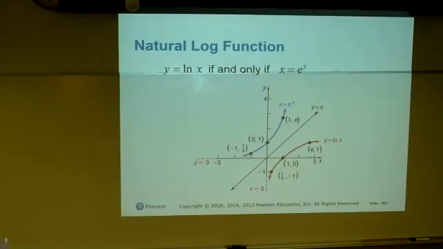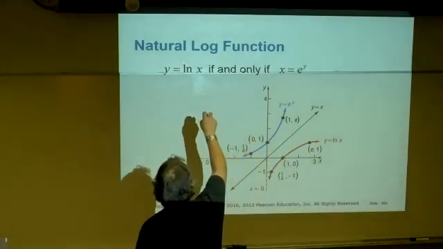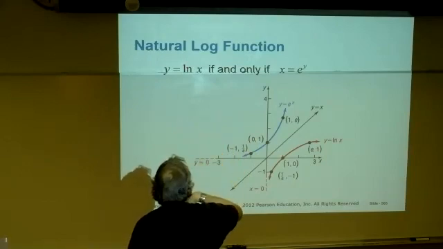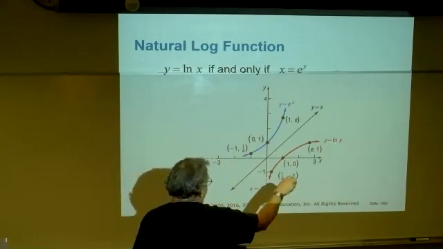Now, natural log is base e. I know this looks like a 1. It is not a 1. It's an L. This is not a 1. This is what a 1 looks like.